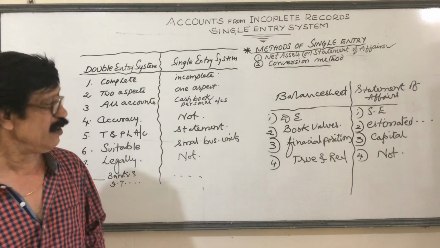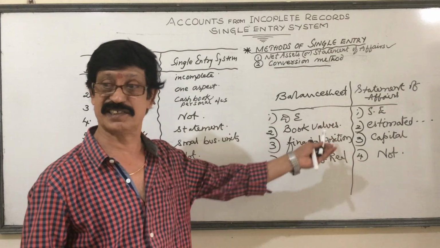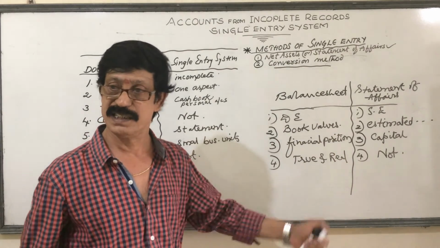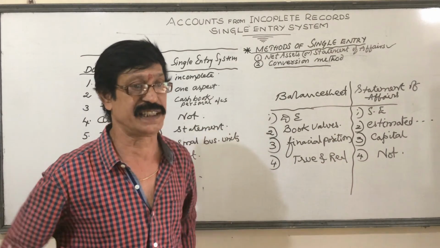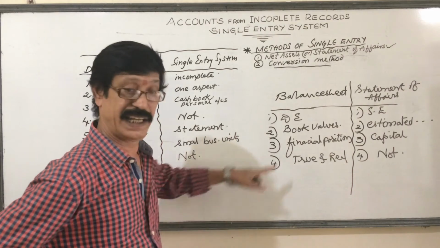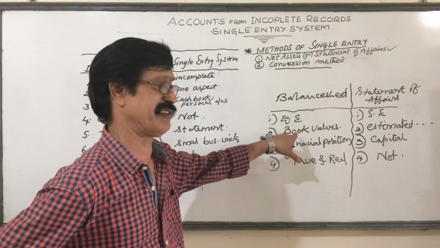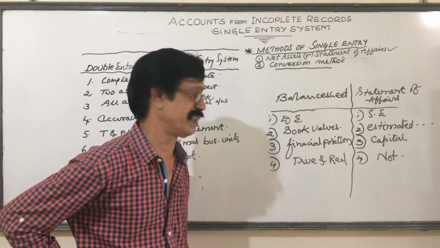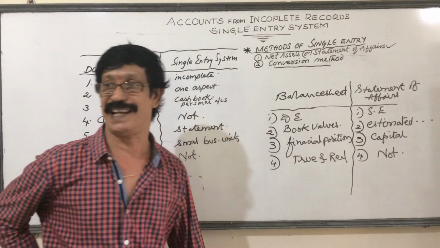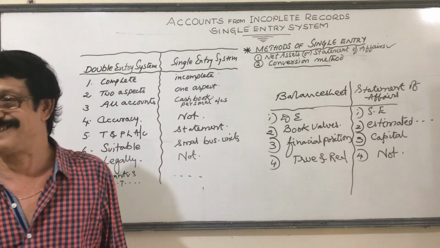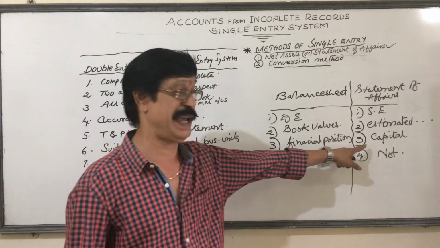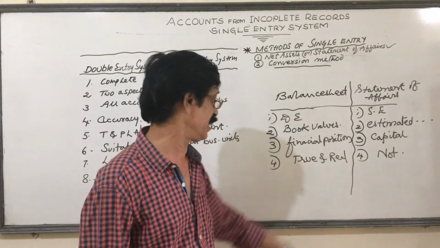Understanding or not? Once again, the term balance sheet is generally used in the double entry system. Statement of affairs is used in the single entry system. There we are taking all the book values according to our ledger account balances. Here estimated values are taken. The main objective of the balance sheet is to know the financial position, but here it is prepared to find out the capital.